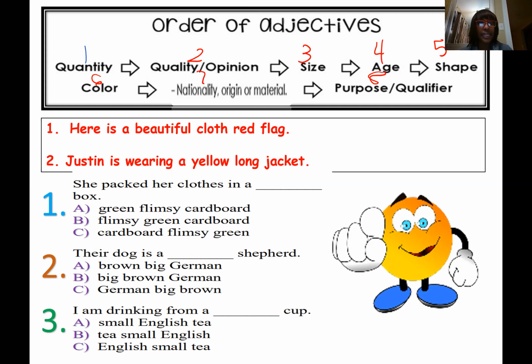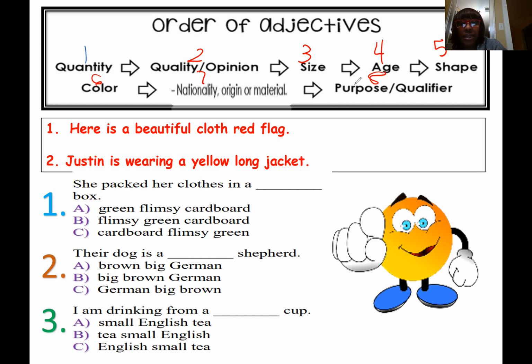So let's look at sentence 1. We have, here is a beautiful cloth red flag. I'm going to change the color of my pen.